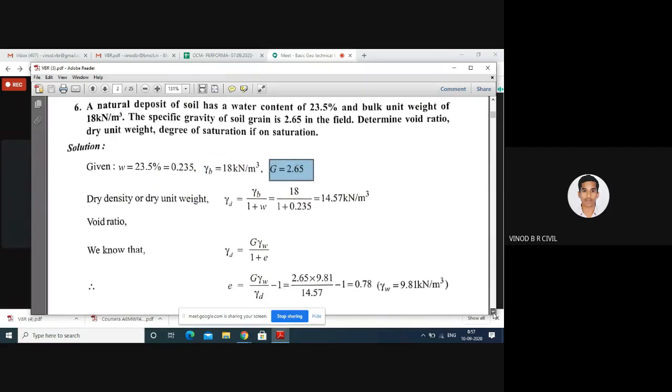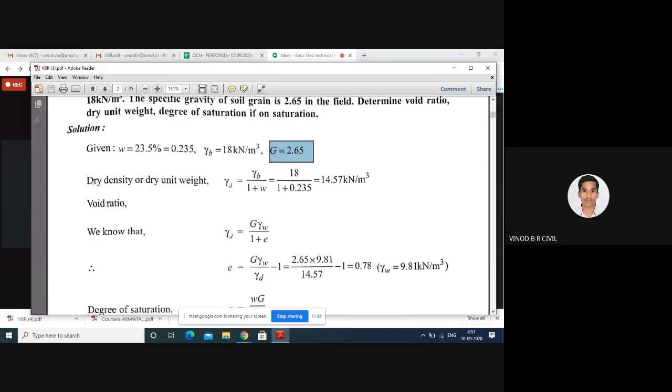Dry density or dry unit weight, gamma d, is equal to gamma b divided by 1 plus w. Gamma b is 18 kilonewton per meter cube, 1 is the constant value, and w is the water content, 23.5%.